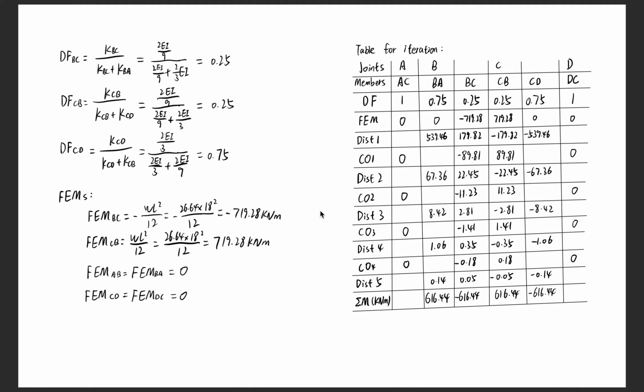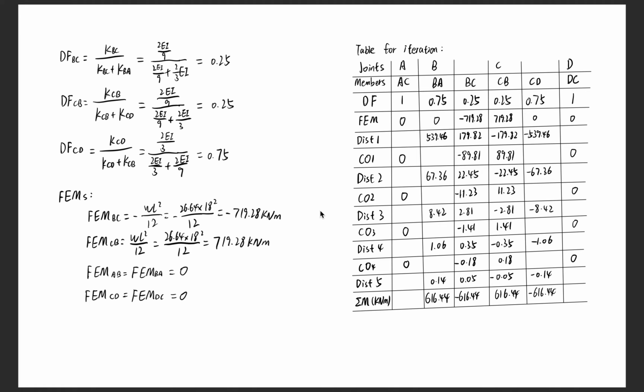And the next is the FEMs. The full name is fixed end moment. FEMBC equals negative WL squared divided by 12. The answer is negative 719.28 kilonewton meter. FEMCB is WL squared divided by 12. The answer is 719.28 kilonewton meter.